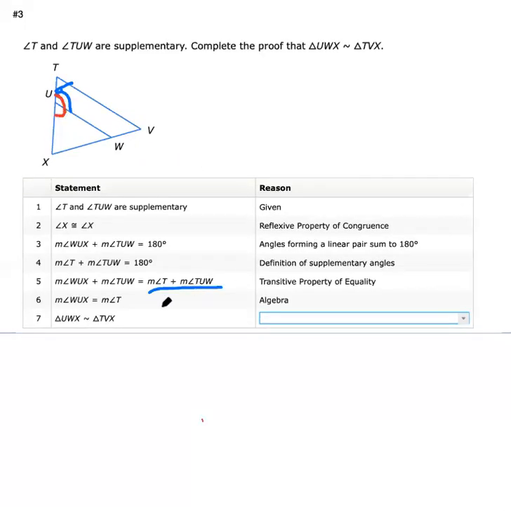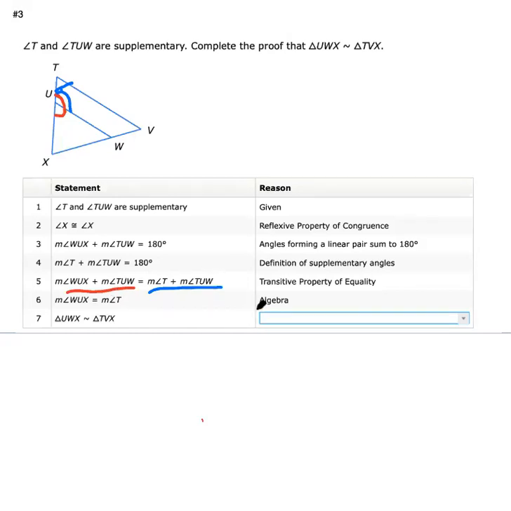All right, so we have measure T plus TUW is going to be equal to the red over here, so WUX plus TUW. TUW is the same on both, so they are going to be equal to each other. With algebra, you're going to substitute there that WUX is going to be equal to measure T. So they cancel out TUW on both sides.